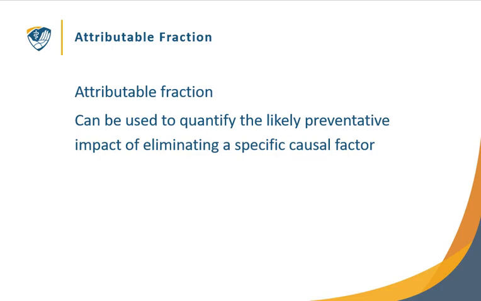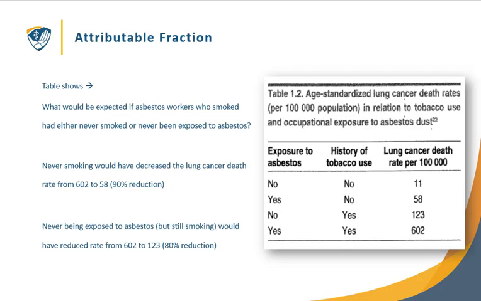The attributable fraction can be used to quantify the likely preventative impact of eliminating a specific causal factor. From your text, this is an example in this table, age standardized lung cancer death rates in relation to tobacco use and occupational exposure to asbestos dust. So, what would be expected if asbestos workers who smoked had either never smoked or never been exposed to asbestos?